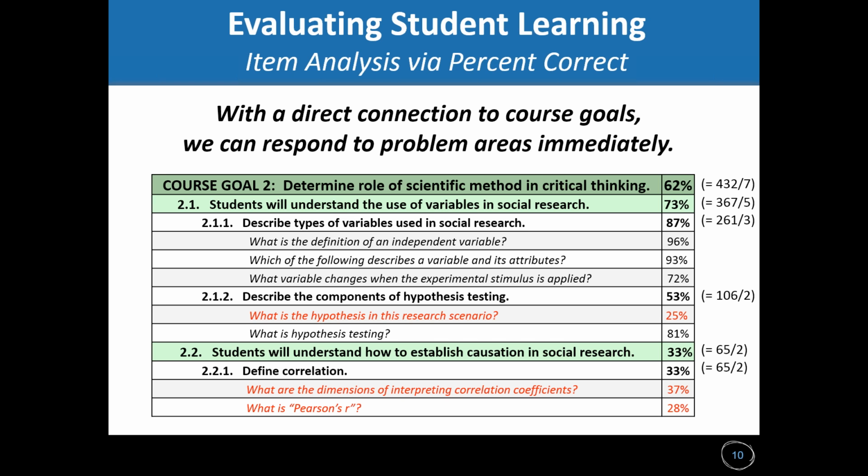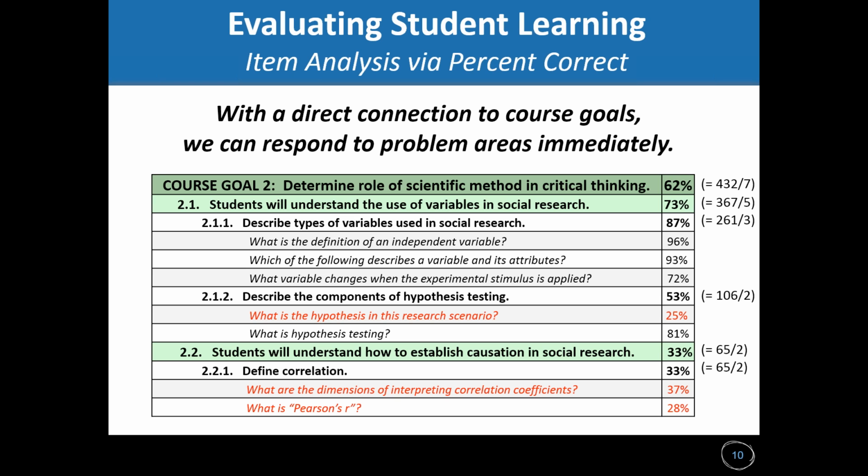According to this information, what is the definition of an independent variable? 96% of the students got it right. That's actually a very good sign. Which of the following describes a variable and its attributes? That next question is at 93%. Again, hooray, this is a good thing. And what variable changes when the experimental stimulus is applied? That's 72%. It's still over 70.